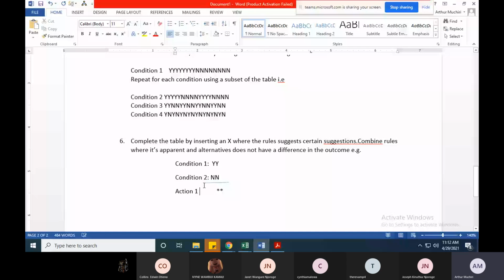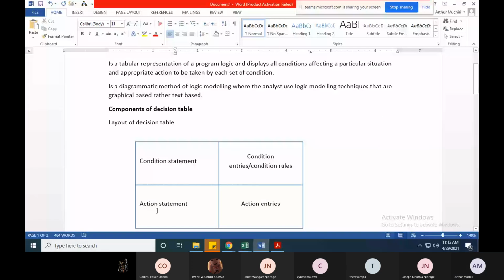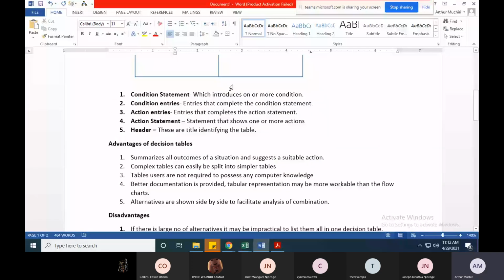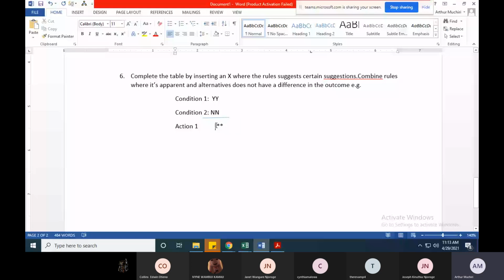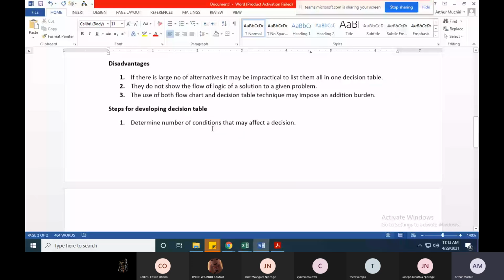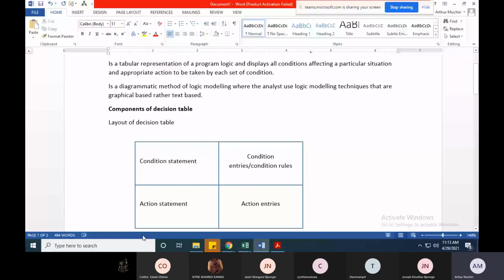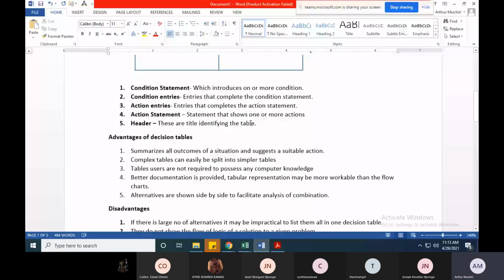If you have an action statement here, then in the action entries you'll be putting either an X or a dash, depending on what is on the condition rules. We'll be showing you that one as we continue. It's just an illustration of how you enter your actions.